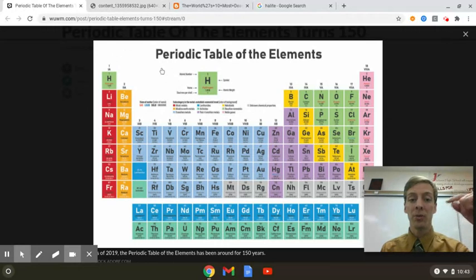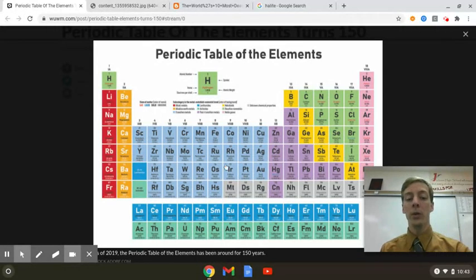Proton determines element. Electron determines how it interacts with other elements, how it bonds. Proton determines element. Electron guides bonds. 1, 2, 3, 4, 5, 6, 7, 8, 9, 10.